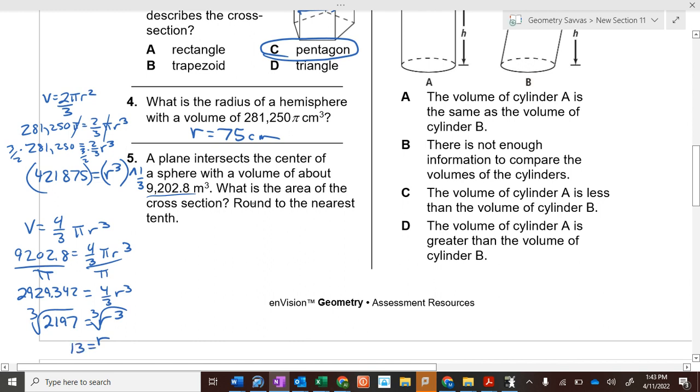But we're not done. What is the area of the cross section, the area of the circle? To find the area of the circle is pi r squared, right? So the area is pi times 13 squared.